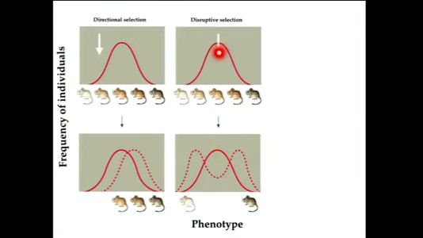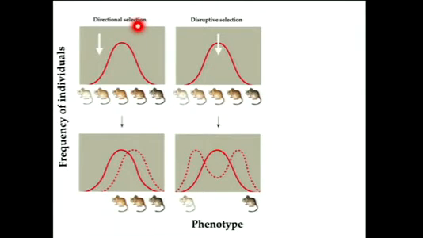Or maybe your force is acting on the median, the mean values here in the population, leading to a bimodal distribution of traits in your subsequent generation with a larger number of light-colored individuals and a larger number of dark individuals, but fewer intermediates. Disruptive selection as opposed to directional selection.